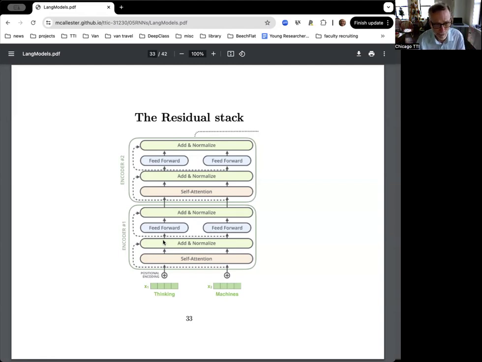Then you do a fully connected layer at each position. It's not a convolution layer, it's just a fully connected layer. And then you reduce the dimension back down with another linear layer. And then you do another add and normalize. And this is the residual block that's just repeated some number of times. And this defines the residual stack.